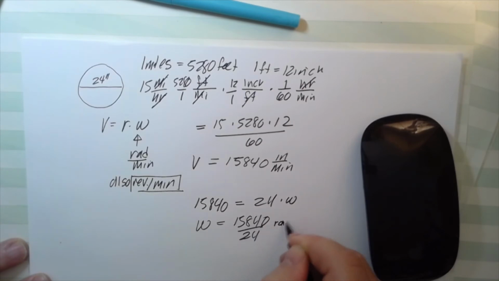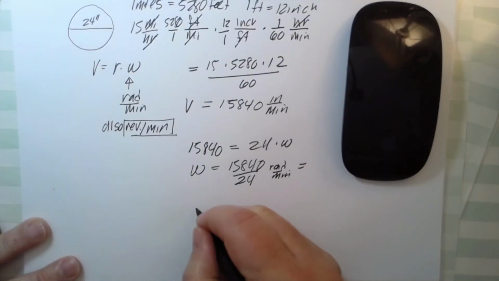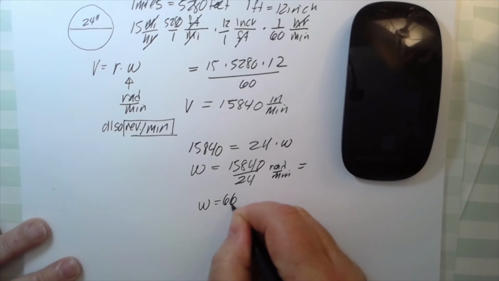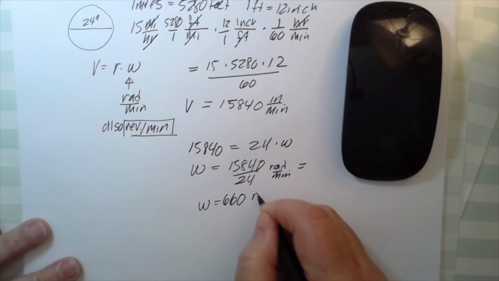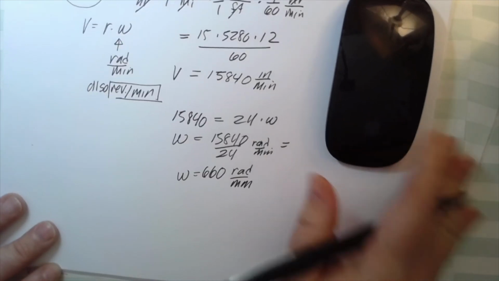This would be radians per minute. 15,840 divided by 24 is 660. This gives us an omega of 660 radians per minute.